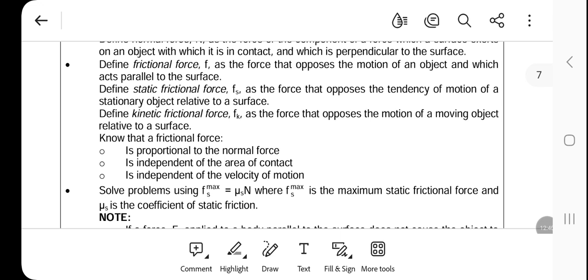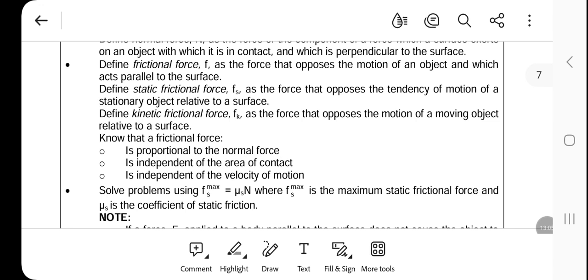So when you're dealing with the static frictional force, guys, it opposes the tendency of motion, which means it prevents an object from moving. So if it prevents an object from moving, it will remain stationary. That is what I mean when I talk about static frictional force. I hope it's making sense.